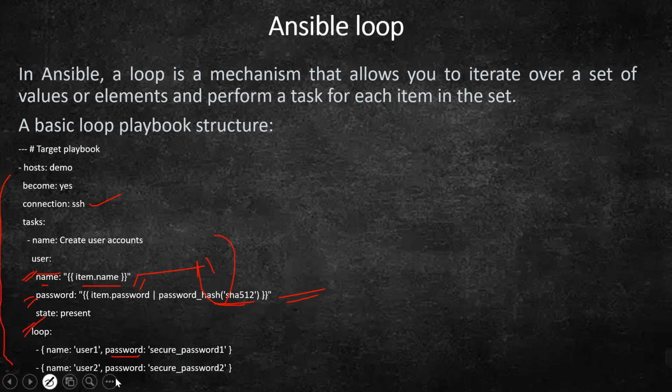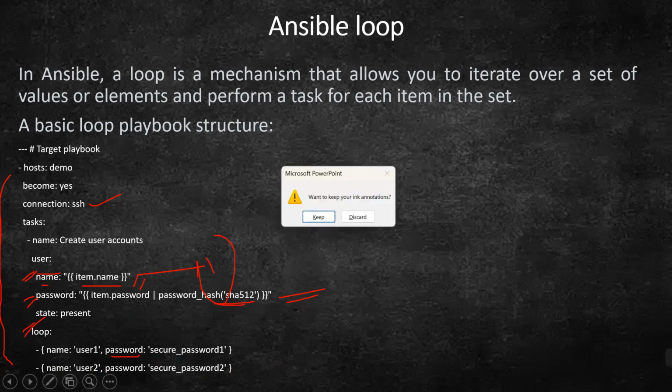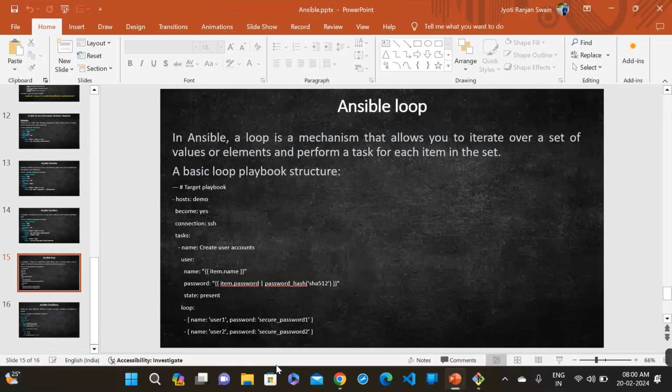This is the password. And the second user it will create is user2 with secure_password2. So I think you understood this playbook, and let's execute. Or do you have any doubt in this playbook? No.